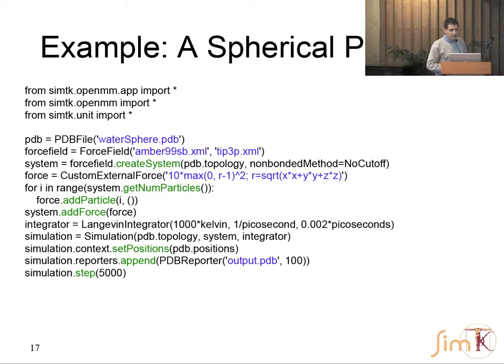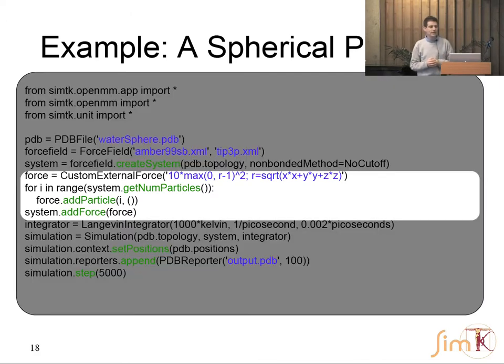And so this example is almost exactly like the examples you've already seen, except for the addition of these 4 lines added here. So what we say is force equals custom external force, and then we give it this expression for what we want the energy of this interaction to be.